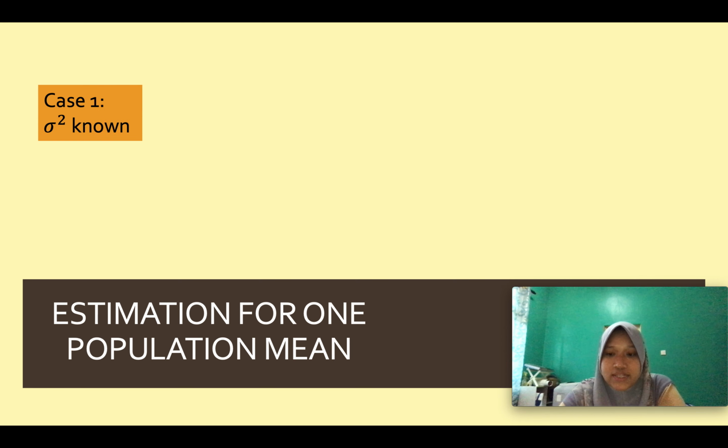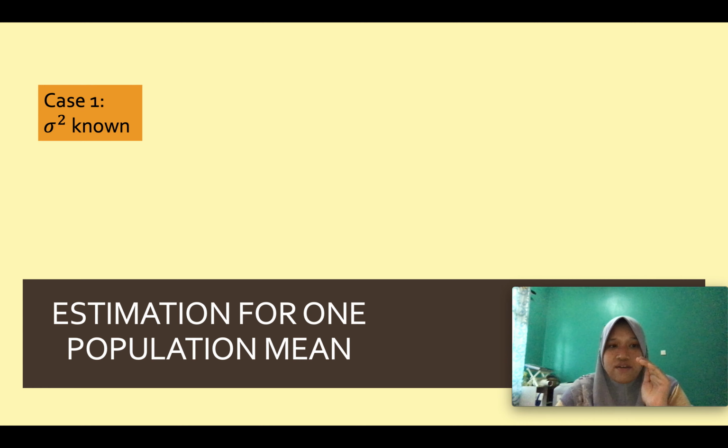Okay, so for case number 1, the population variance is known, or if in the question you are given the value of the population variance or the standard deviation of the population. That means either sigma or sigma square. Sigma is the population standard deviation. Sigma square is the population variance.